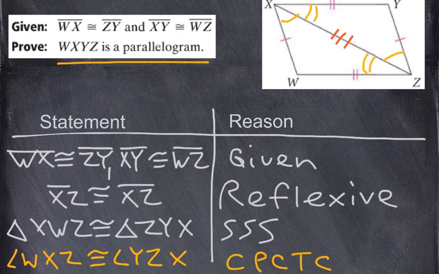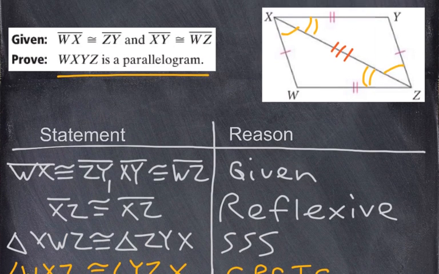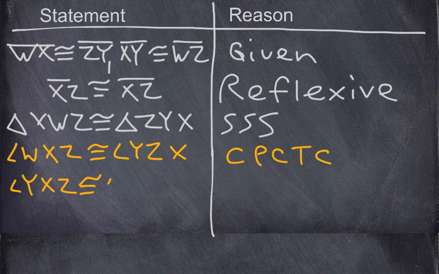And in like manner, we could say the other two pairs, the ones we marked with two marks, are congruent. So let's go ahead and write that. We could say angle YXZ is congruent to angle WZX because of the same reason, CPCTC.